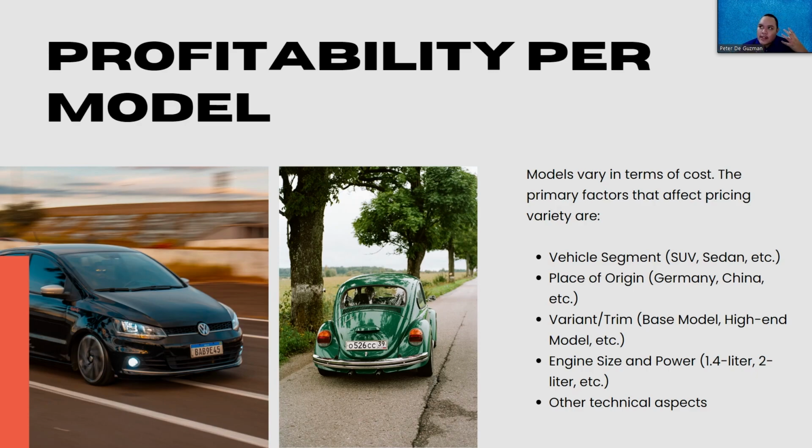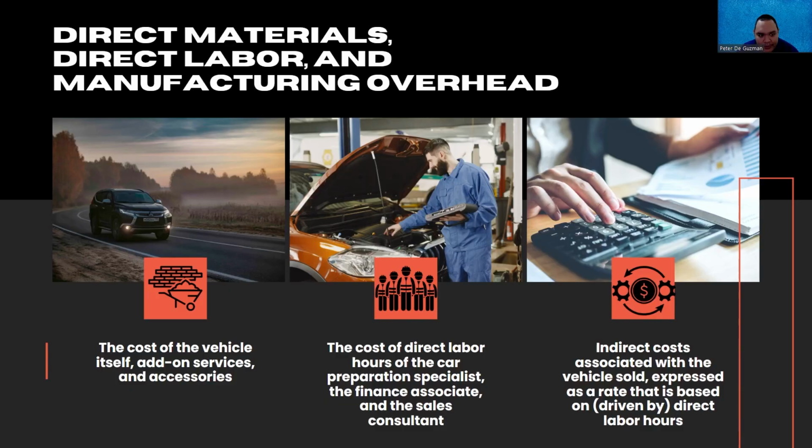So, things such as horsepower rating, torque, fuel efficiency, these aspects are governed by the state of technology and the quality of components that make a specific vehicle. So, all of these five factors contribute to the profitability per model vis-a-vis the price tag that is placed on it by the dealer at the end of the day.